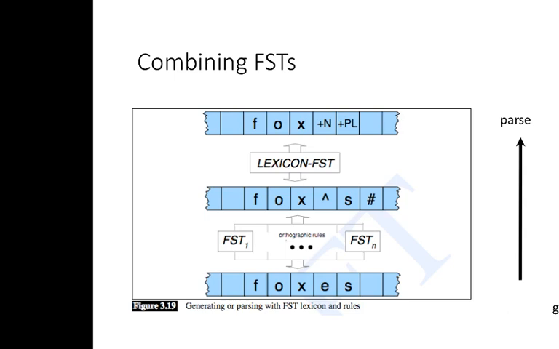Here, we are essentially mapping the lexical form to the morphemic form and the morphemic form to the orthographic form. But it's more efficient if we combine these into one FST, which we'll talk about in a moment. If you go this way, you're parsing. If you go this way, you're generating.